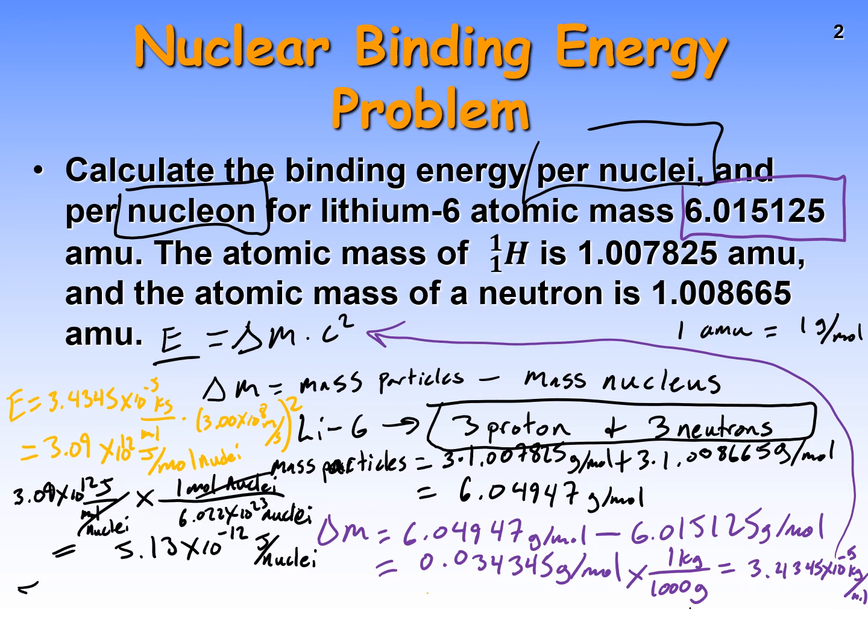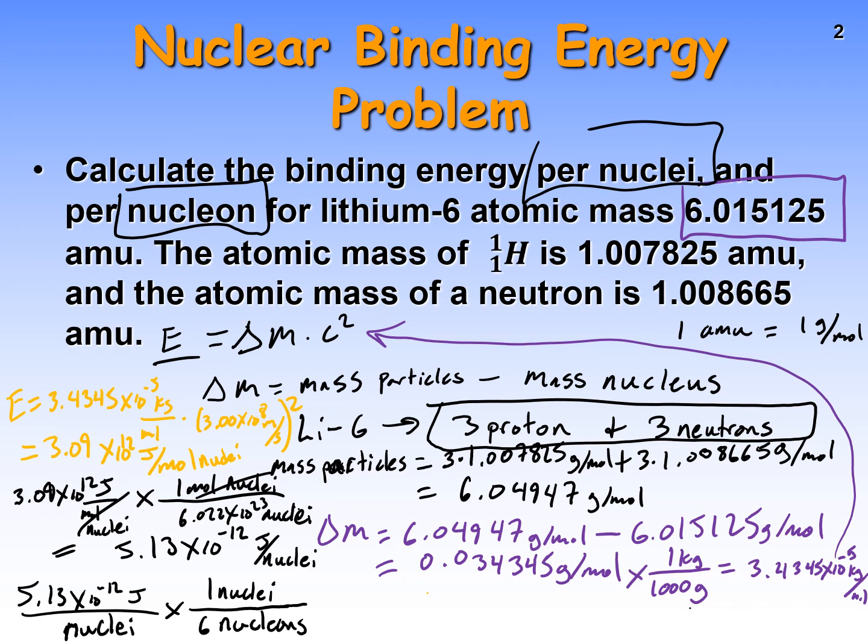So if I want to take my 1.53 times 10 to the negative 12 joules per nucleon, or nuclei, sorry, I know that in one nuclei there are 6 nucleons, i.e. particles in the nucleus, for a lithium-6 atom.